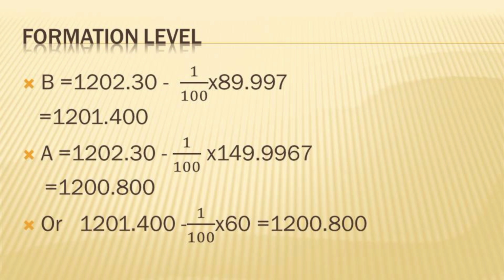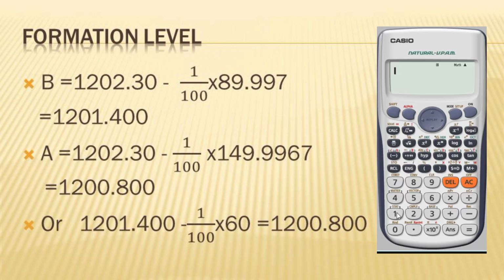We go ahead and see, we have been told in our first question to determine the formation level at A and B. So let me start at B. By the look of our diagram, we had a rising gradient from A to B to C, but now we are moving downwards because the formation level provided to us was found at C. So I used the formation level found at C, that is 1202.3 minus, I'm subtracting because I'm moving downwards to B from C. So remember that I subtract the percentage, that is 1 over 100, multiplied by the distance BC.